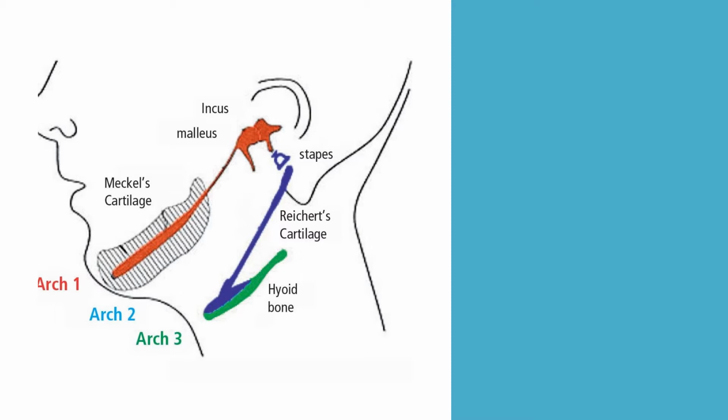From the dorsal part, the succeeding part forms the anterior ligament of malleus, and then the succeeding part forms the sphenomandibular ligament. Finally, the ventral part is going to form the mandible, that is the body of the mandible, which extends from the mandibular foramen to the mental foramen. So this is what is developed from the first arch, the mandibular arch.